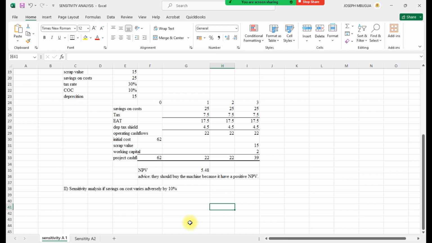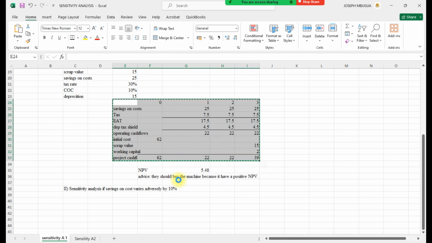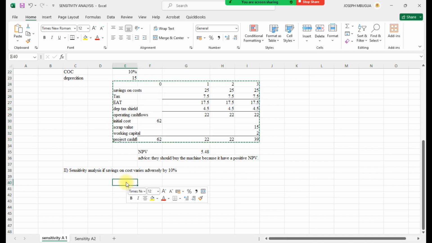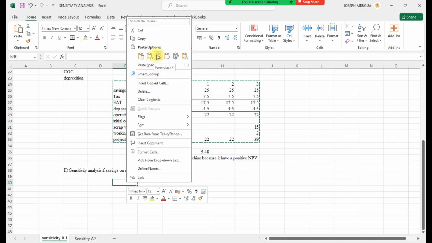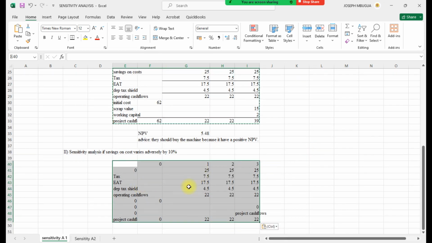In this case, I can just copy this and paste it here, and I'll paste with formulas. I've pasted it with formulas.